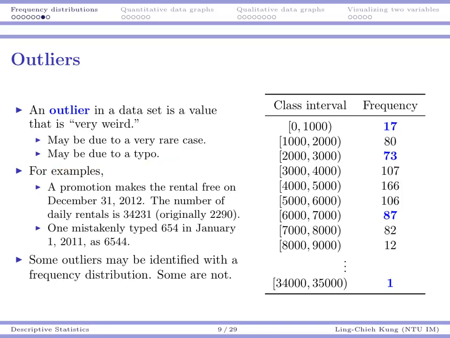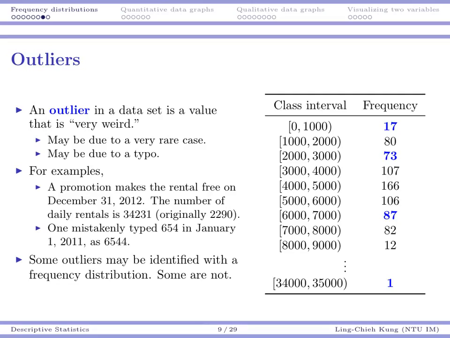In some cases, it's simply some unreasonably large or unreasonably small number. If you can identify them, you may want to ask whether they are simply a result of a typo. If that's the case, of course, you want to correct it. Or does it come from a very rare situation? If that's the case, you may also want to exclude it.